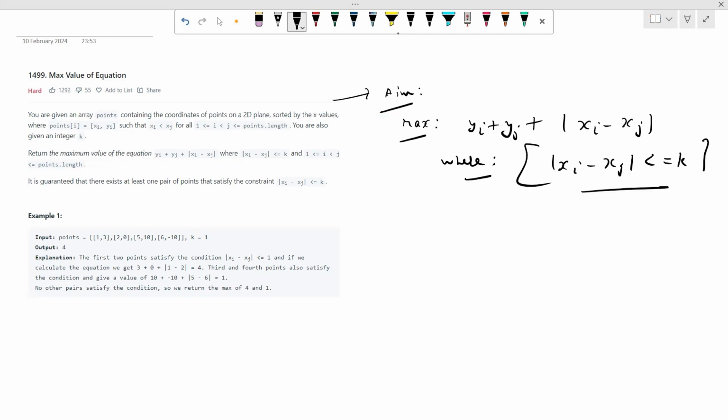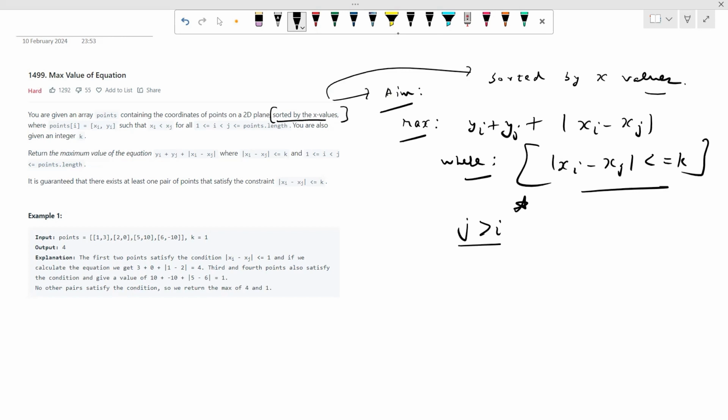This is the main condition we need to keep in our mind. And here j is greater than i, right? And one more thing: all these values are sorted by the x values. We will be given an array which is sorted by x values.